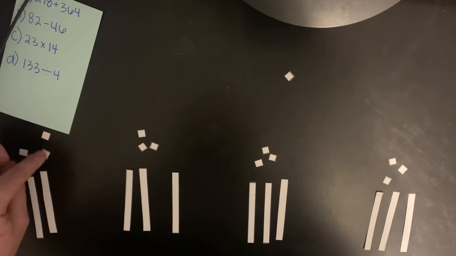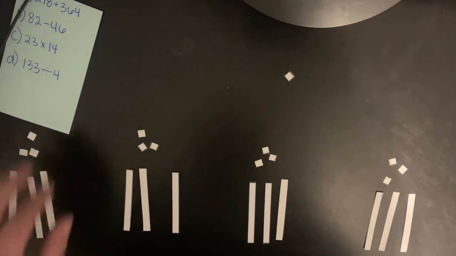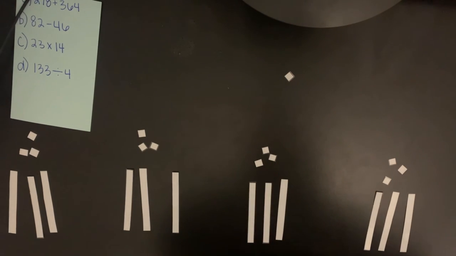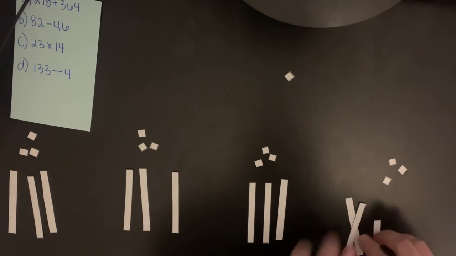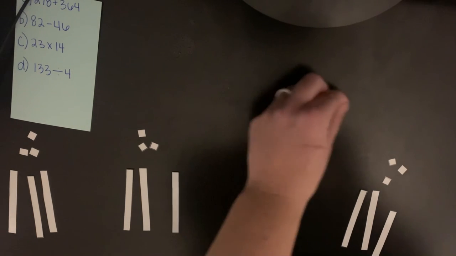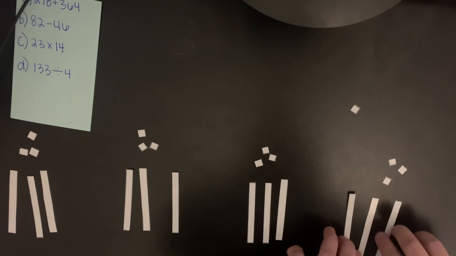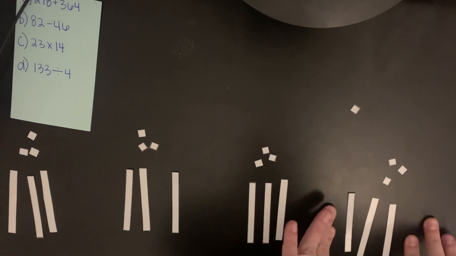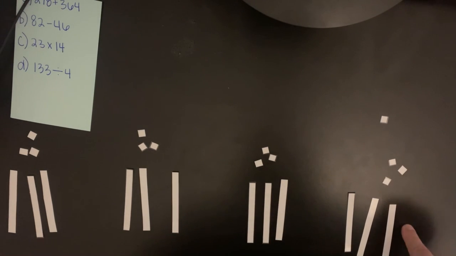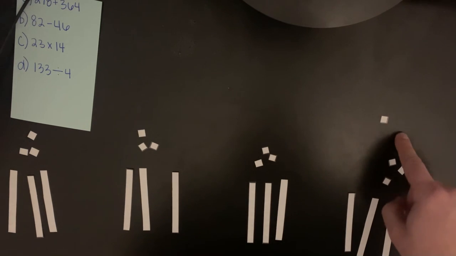So what you'll do to find your quotient, which is the answer to a division problem, is you'll look at one of your groups, how many you have. We have 3 longs, which is 30. 3 units, which is 33. But we have 1 left over. So your answer to the problem, 133 divided by 4, is 33 with a remainder of 1.